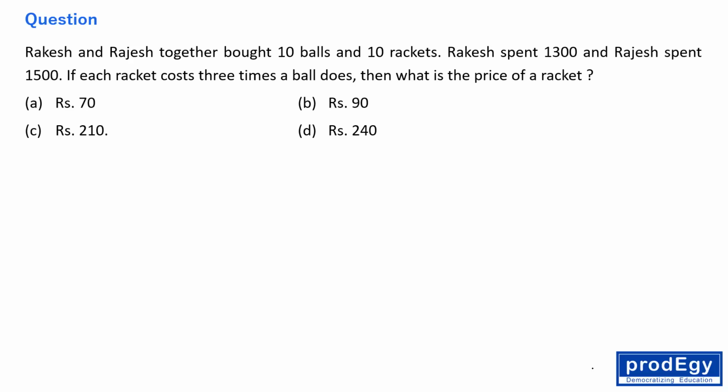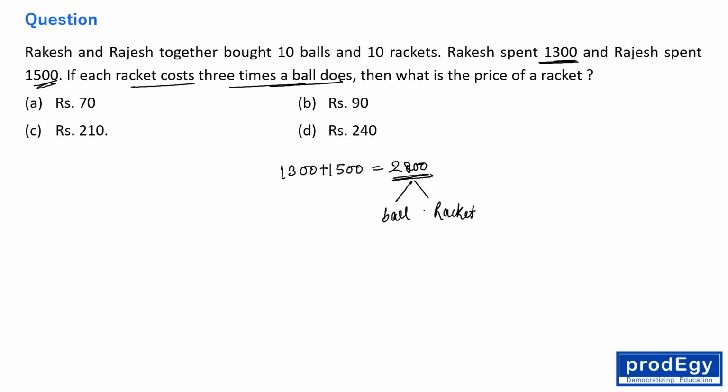Okay. Rakesh and Rajesh bought together 10 balls and 10 rackets. Rakesh spent 1300 and Rajesh spent 1500. So 1300 plus 1500, they have spent 2800 rupees in total. If each racket costs 3 times the ball cost, then ball to racket is 1:3. If you divide 2800 rupees in the ratio 1:3, you get 700 and 2100.